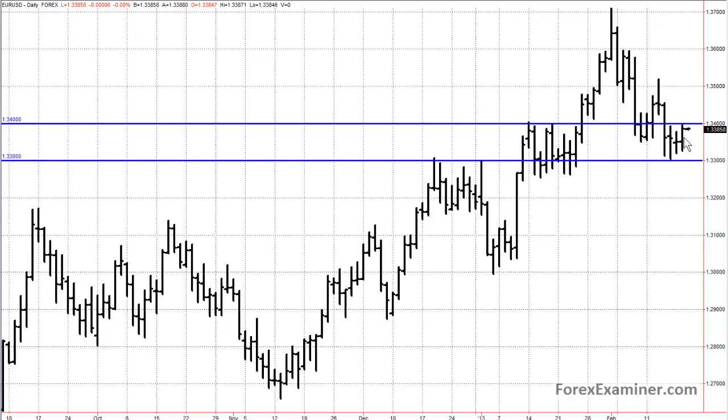Okay, so here we are at this particular level, and we want to get into a trade either long or short. We will enter a trade and we will go long based upon this line.